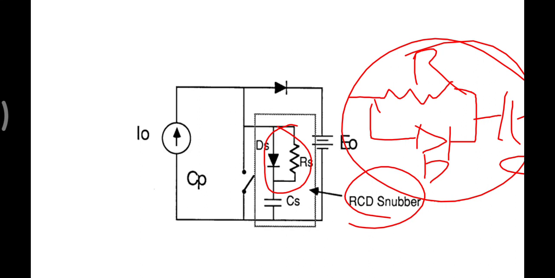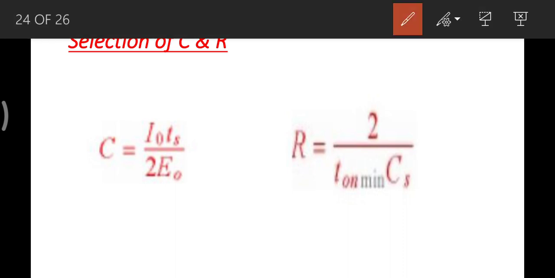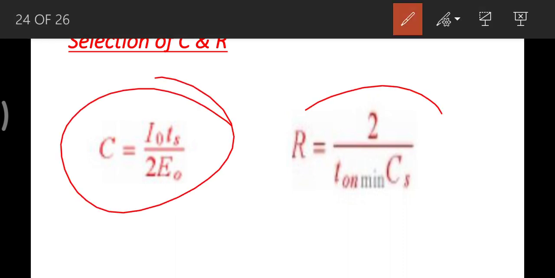And here also we have to choose the C value and R value. How can we find the capacitance value and resistor value for the RCD circuit? These are the formulas for the selection of C and R. What is the formula for capacitance C?